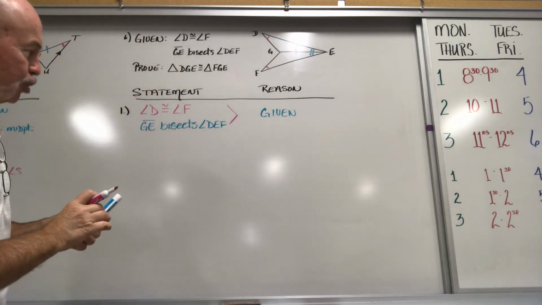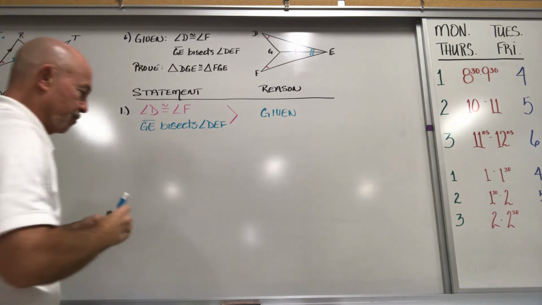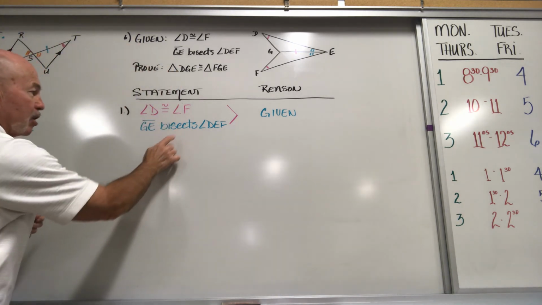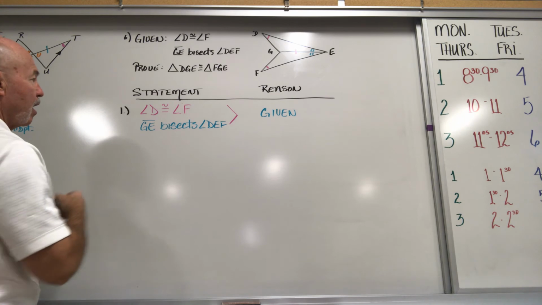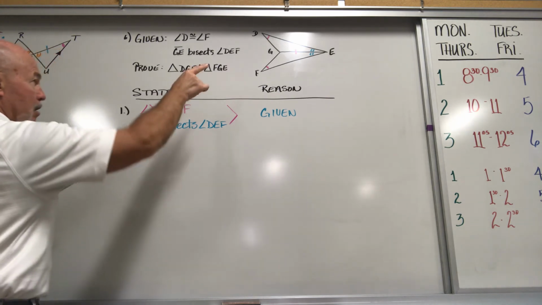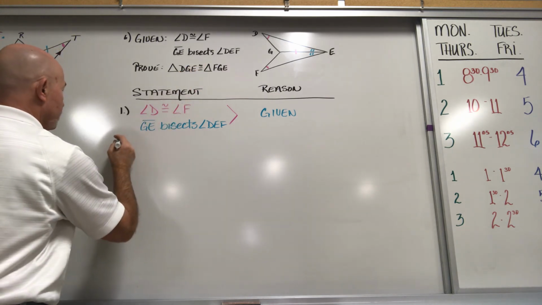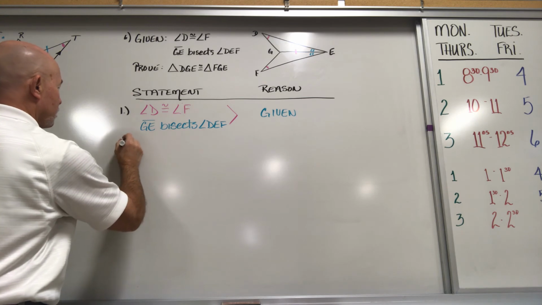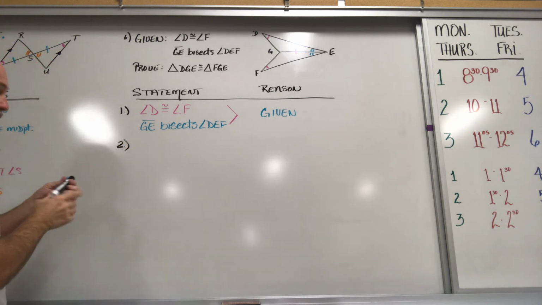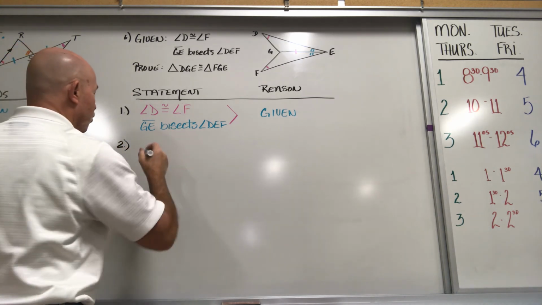So those are my two givens that are put together. Now I'm going to list here what this allowed us to say up there. If we have a bisected angle, that means we have two equal angles.